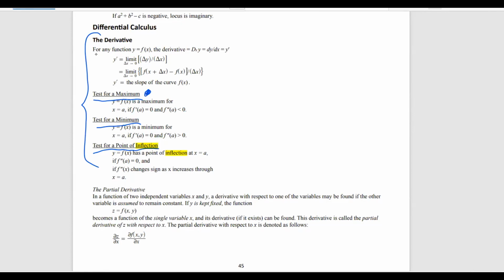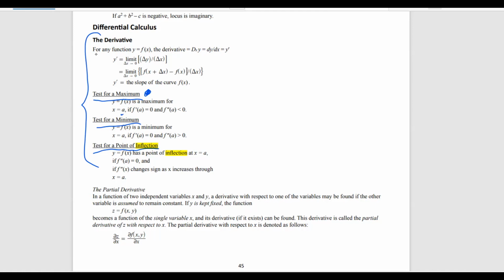And the way you do this, there are a few steps you have to follow. So first, we're going to take the first derivative and then equal that to 0. And then the solution of that derivative, x, if you input it into the second derivative, you have to get a negative value, and that is going to be a maximum for that function.